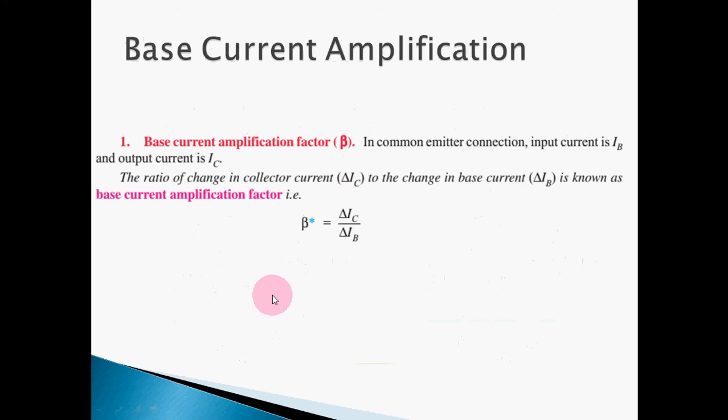Next parameter is the base current amplification factor, which is denoted as beta. For the common emitter connection, we call the base current amplification factor beta, and for common base we know that it was alpha. So in common emitter connection, the input current is IB and the output current is IC.